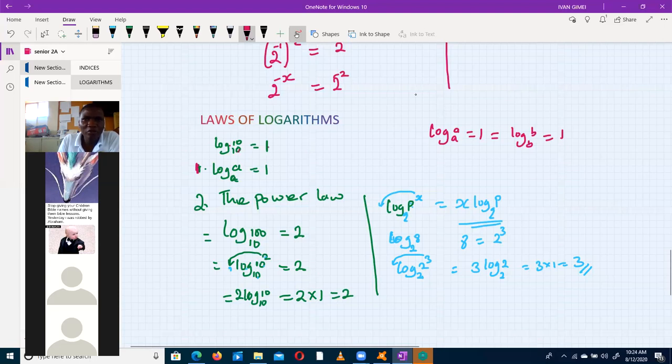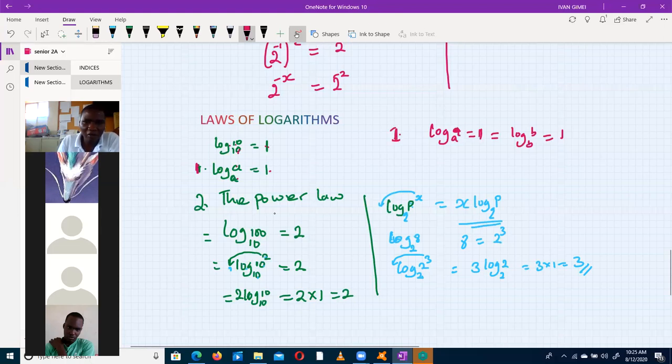Log of any number to its own base has to be 1, because 10 to the power of 1 will give me 10. A to the power of 1 will be the same as A. So the law says if the base is the same as the number, you must get 1. That's the first law of logarithms that we're dealing with.